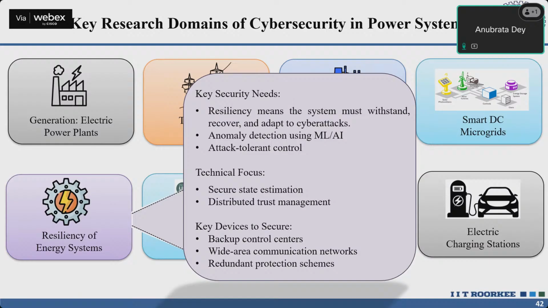These servers are used for state estimation purposes, or maybe for data management purposes. Even here, the wide area communication concept is also being implemented, so that also we need to consider against all types of cyber attacks.